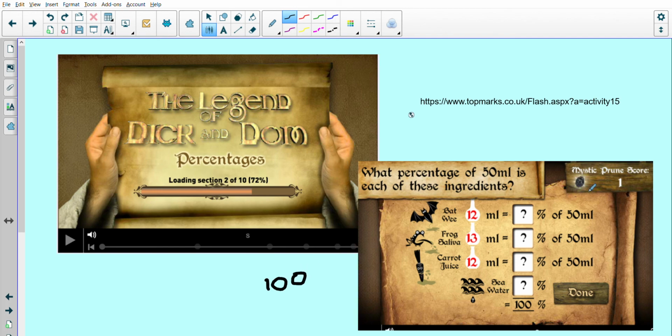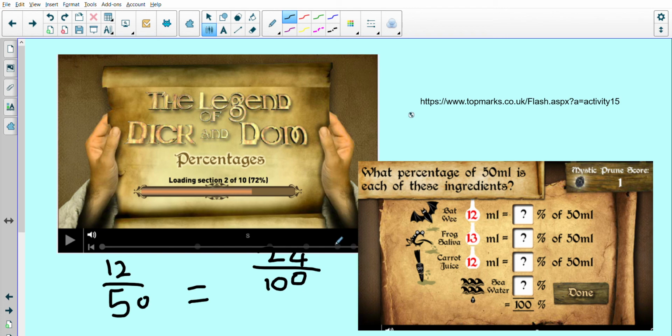And if I'm doubling 50 to make 100, I also double 12. So 12 out of 50, if we think of it as a fraction, is equal to 24 out of 100, and 24 out of 100 is 24%.